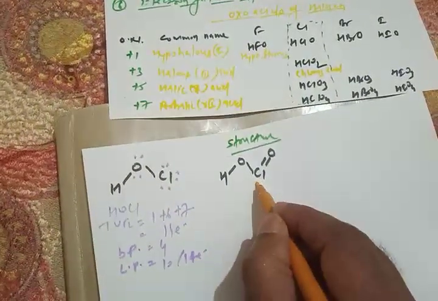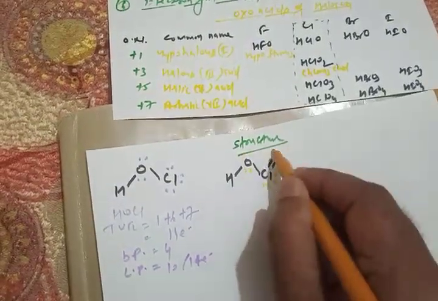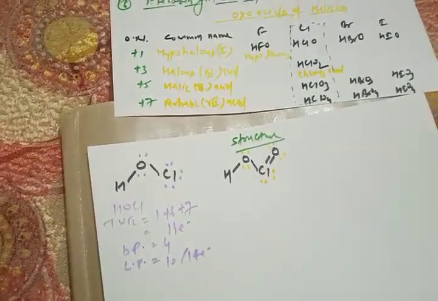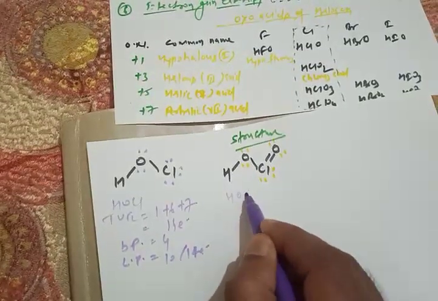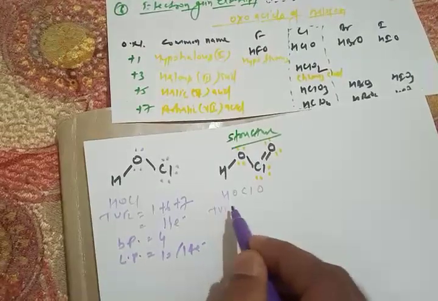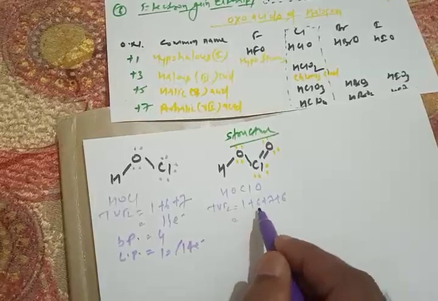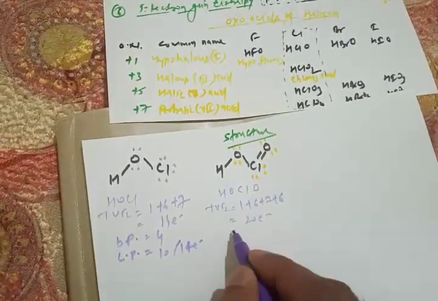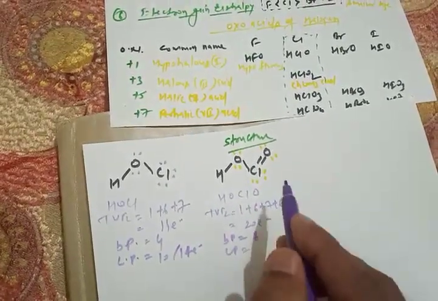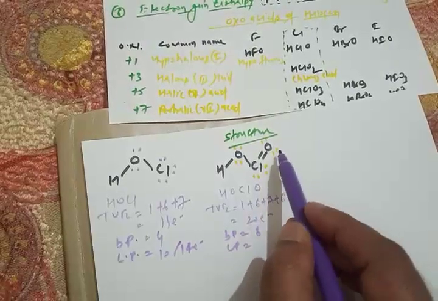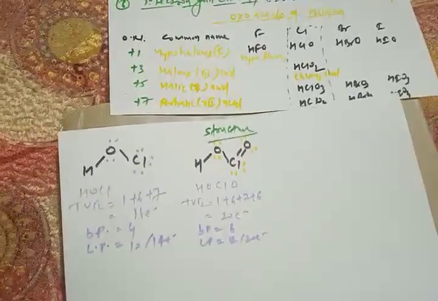How many lone pairs remain? 2 at chlorine, then 4 and 4 on the oxygens. Total valence electrons 1, 6, 7, 6, so this is 20 electrons. Bond pair total electrons is 8, and lone pairs 4, 4 and 4, that is 12. So total is 20 electrons. So this is the correct structure.